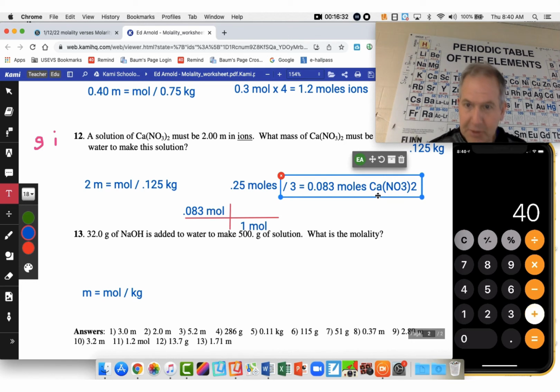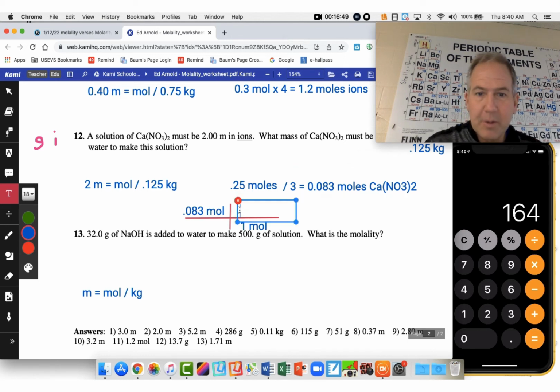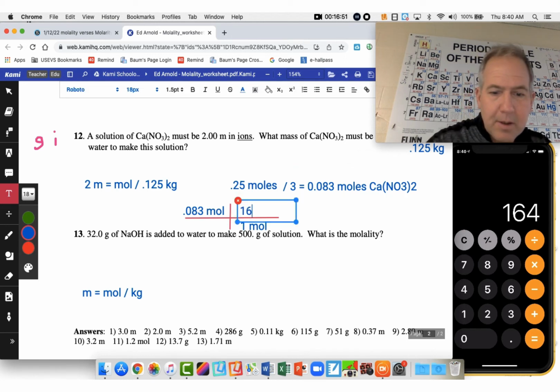Plus nitrogen is 14. And there's 2 of them, 14 times 2. Plus oxygen is 16. And look how many we have. We have 2 times 3. That's 6. So we have times 6 oxygens equals 164. So I'm going to put 164 up here. And then we're going to see what happens.